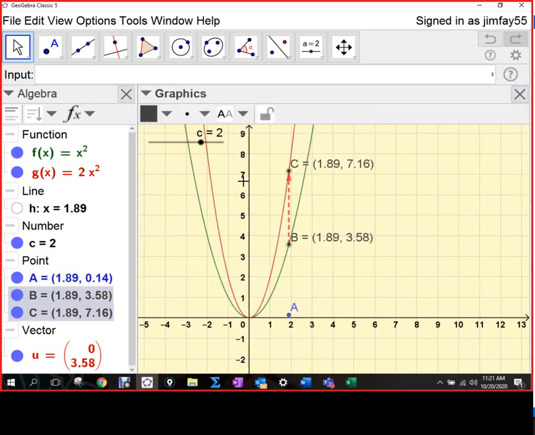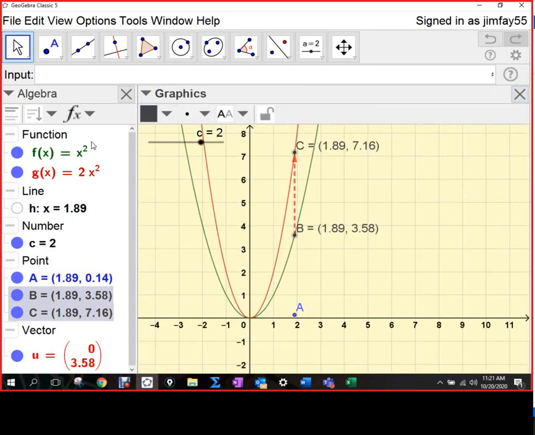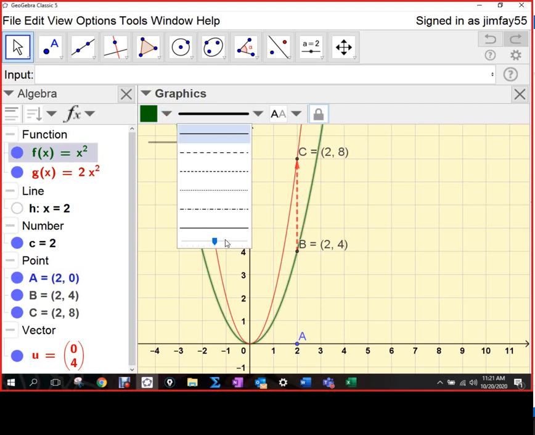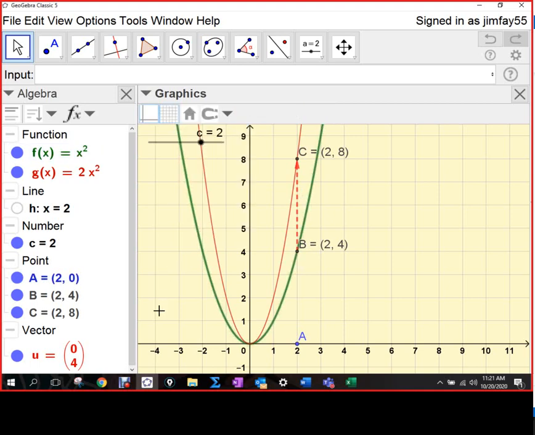All right, so what I've got here right now is my parent function, which is the green one. So that's just x squared, right? 2x squared is the red one. Let's look at some nice ordered pairs here. So that's my parent function.